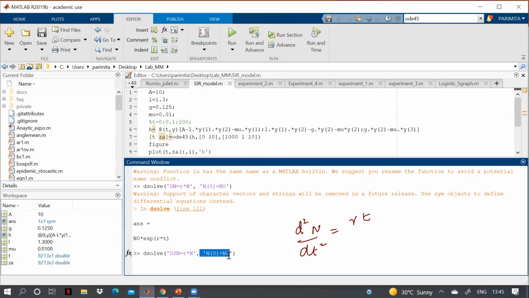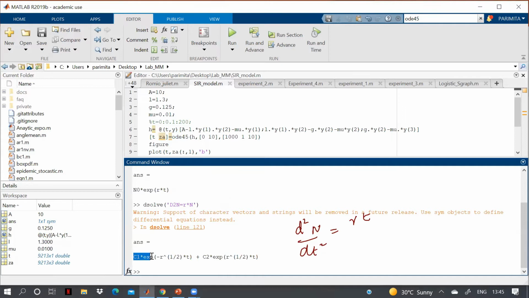And I want to delete this initial condition, since I just want MATLAB to simply solve this differential equation. So I will just write d2n is equal to this, and you can see that you are getting the analytic solution, right?